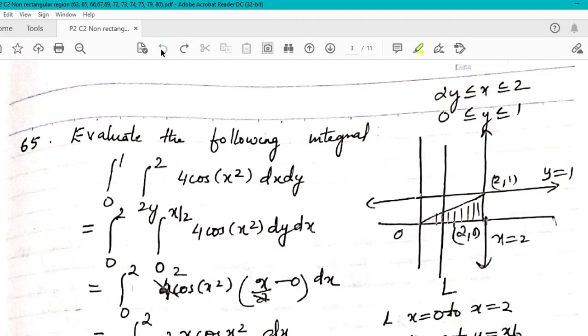Sketching also we have done a lot of times. First we are doing this boundary, 2y equal to x. So how to plot 2y equal to x?